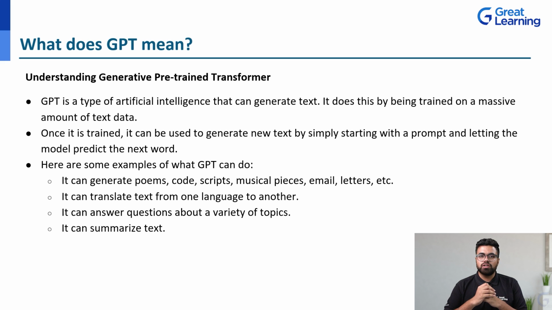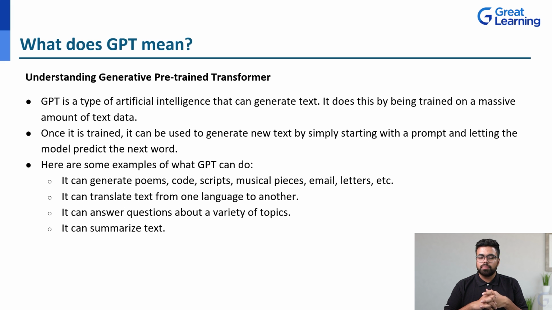For example, if you're in a new country, you can have it translate text into the language of that country. It can answer questions about a variety of topics. This model has been trained till September 2021, so all the knowledge that it possesses is up to September 2021. After that, it has not been trained on that kind of data.